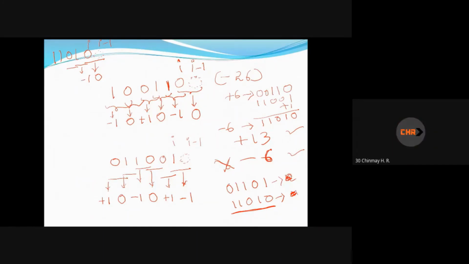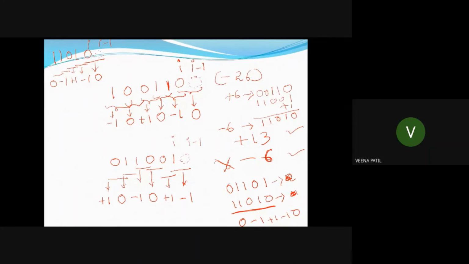So 0 1 is +1, 1 0 is -1, and so on. So my recorded multiplier will be 0, -1, +1, -1, 0.